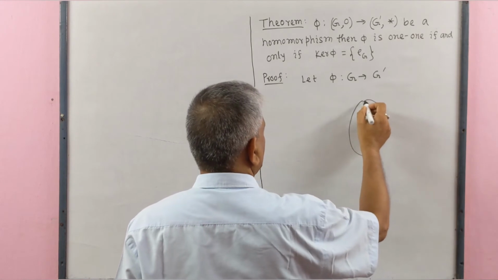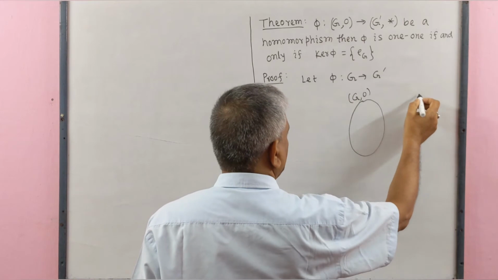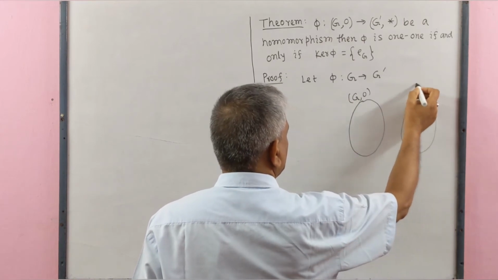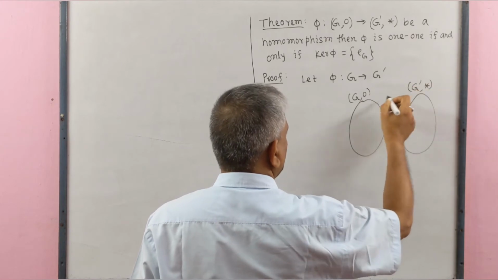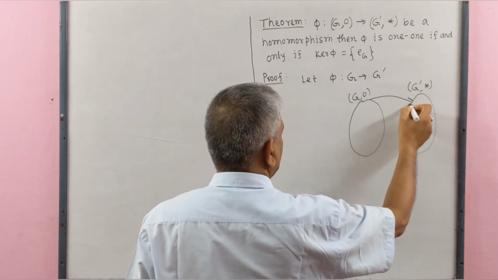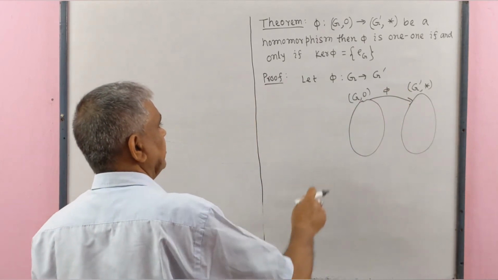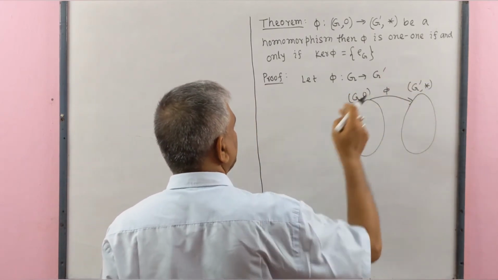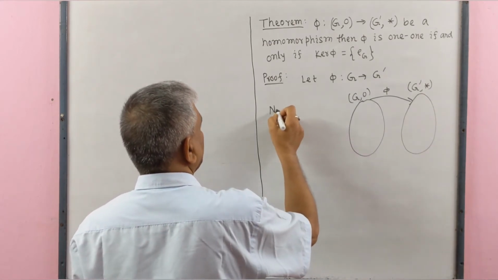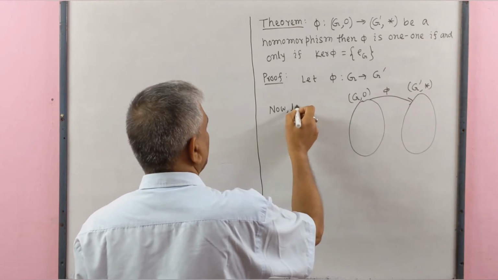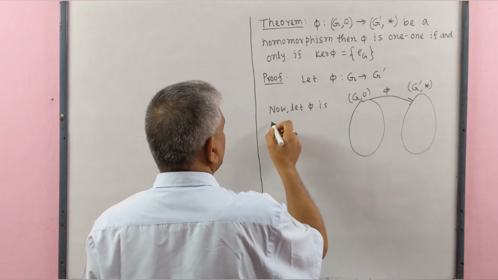Here this is group G and this is group G prime with binary operation, and phi is a homomorphism defined on group G into group G prime. Now let phi be 1-1.